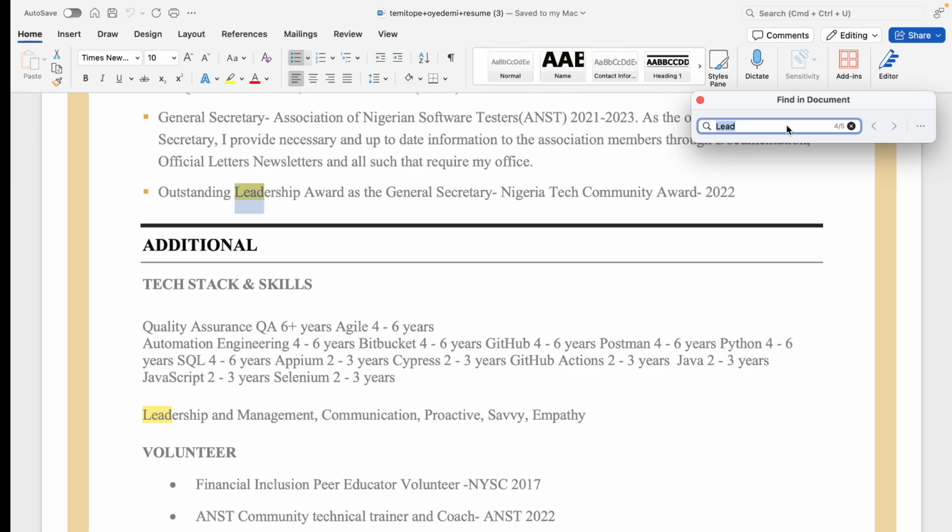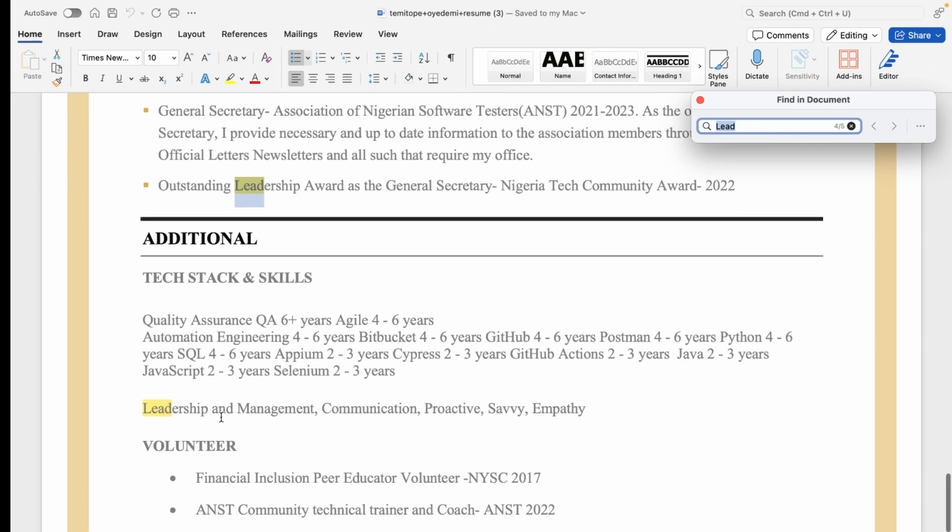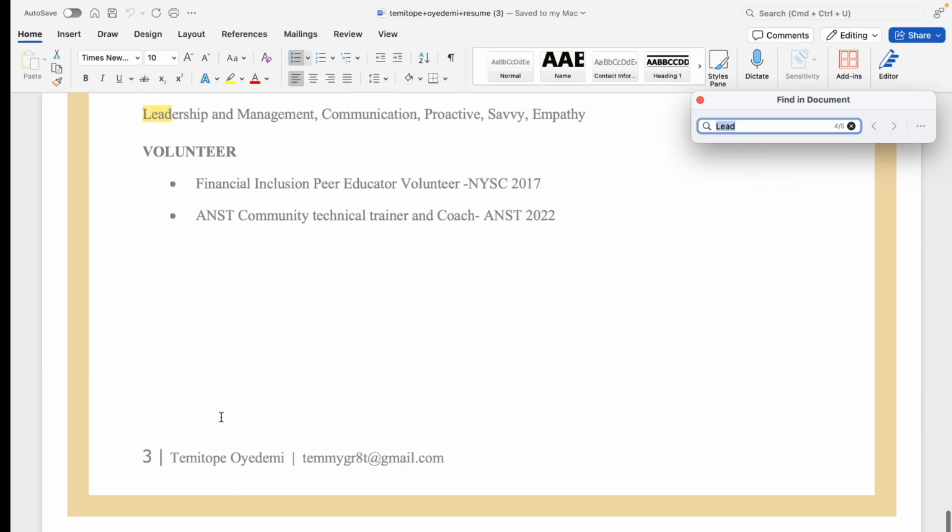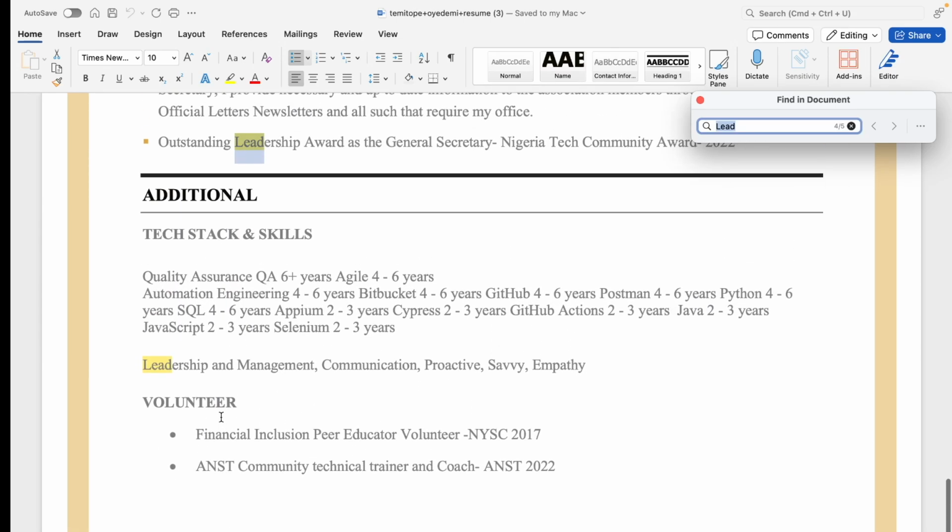So make sure that one way or the other your skill set reflects all through your resume, and then in your tech stack area, which is like a skill set area, try to add both soft skills and your hard skills. All right. So any other thing like volunteer, you can put them there to show some other things you are committed to.